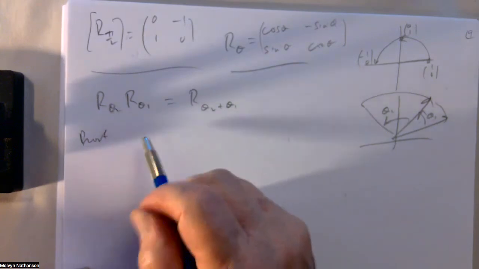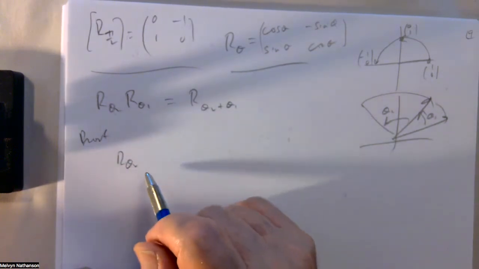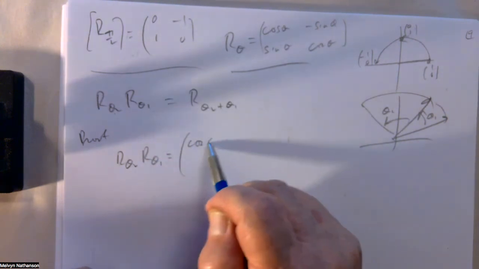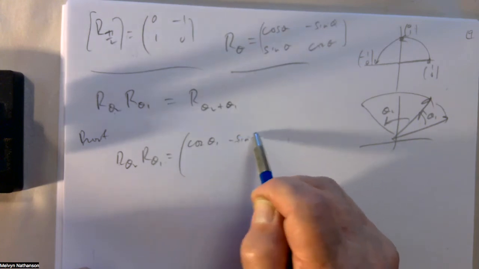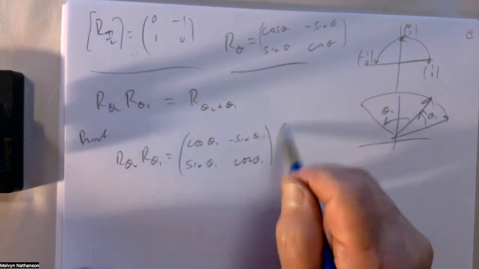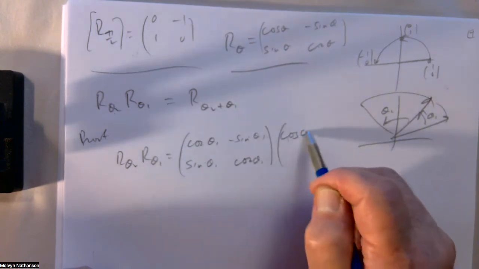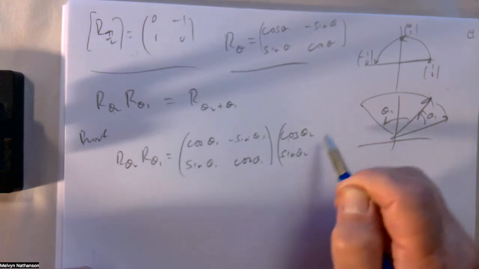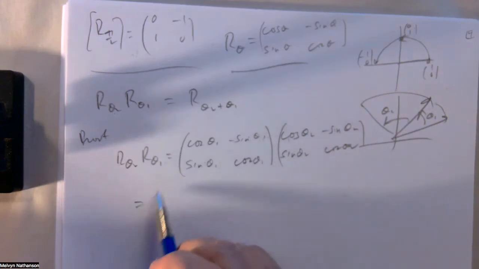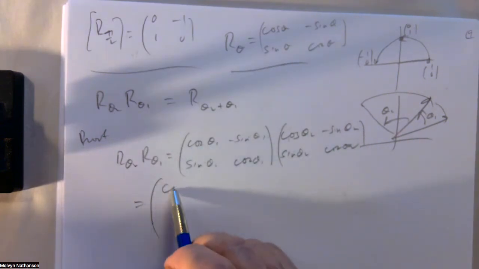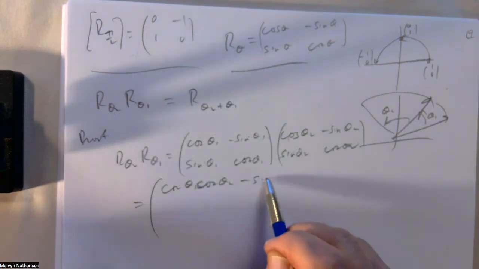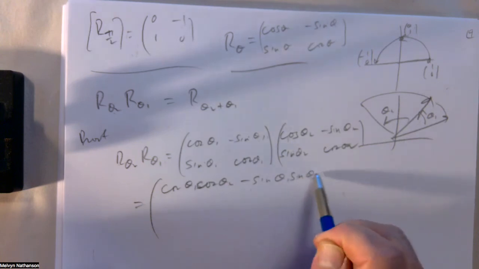So r theta 2, r theta 1, I'm going to write down the matrices. This is cosine theta 1, minus sine theta 1, sine theta 1, cosine theta 1, times the matrix cosine theta 2, sine theta 2, minus sine theta 2, cosine theta 2. When I multiply, I get cosine theta 1 cosine theta 2 minus sine theta 1 sine theta 2.